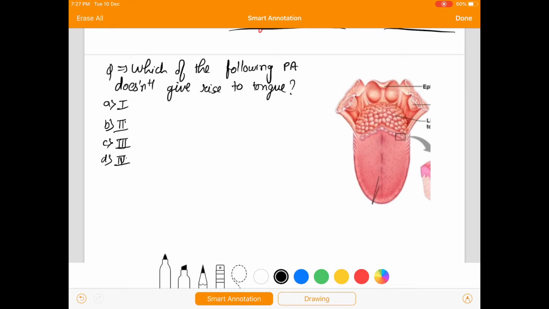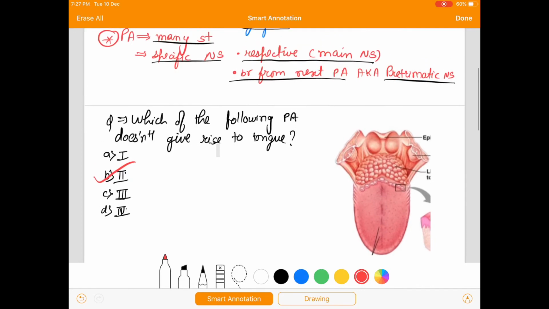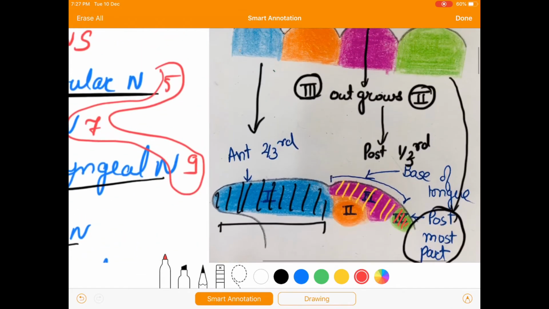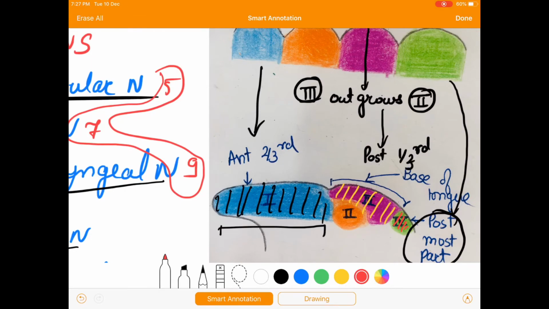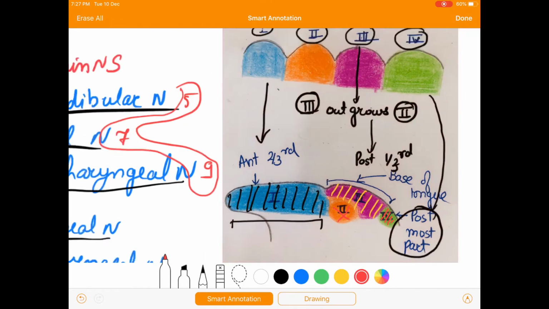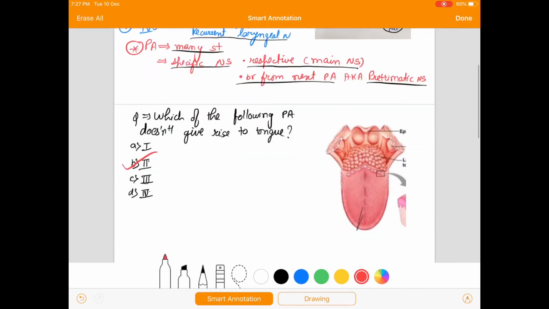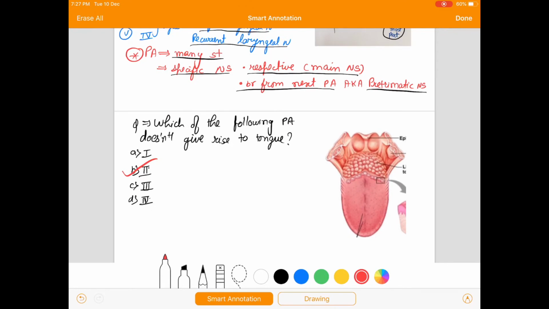The answer is the second arch, because as you can see in this figure, the second arch does not contribute to any part of the tongue. Hence the answer is the second arch.